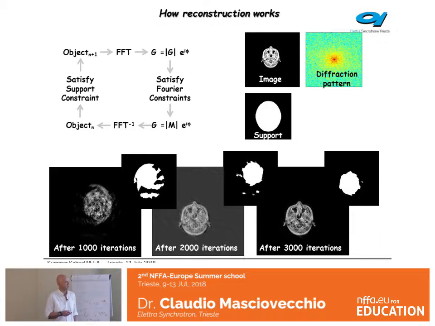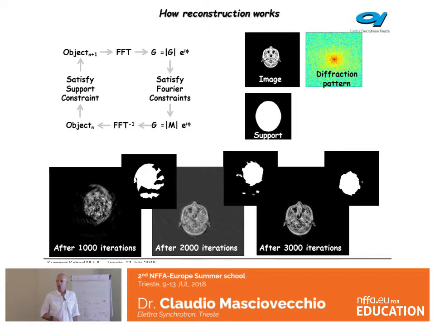But my guess has to be such that the sample that is scattering is inside this support, okay? In this way, you can Fourier transform your guess, and you try to get the image. If it doesn't work, you have to iterate this procedure, okay? And then you can even change the support during this iteration, and you see after 1,000, 2,000, and 3,000 iterations, you get your object. So far, so good.